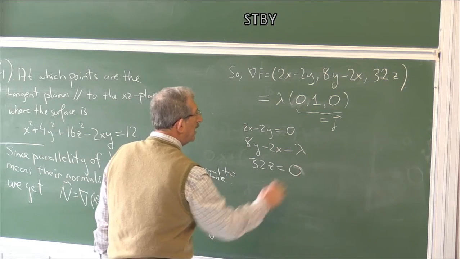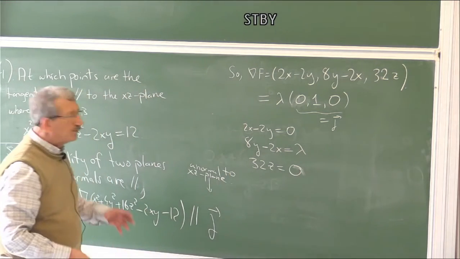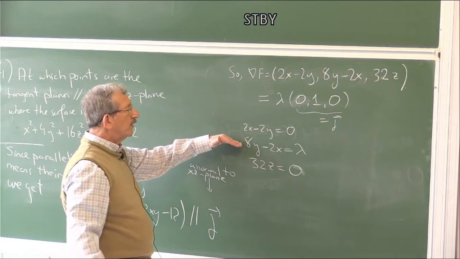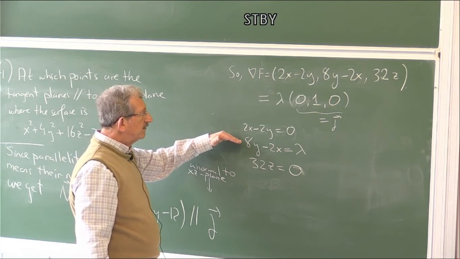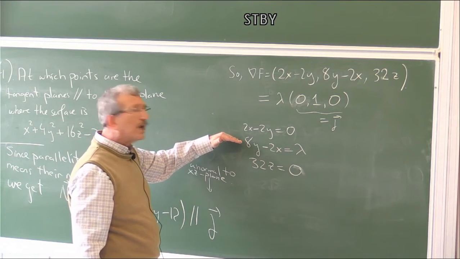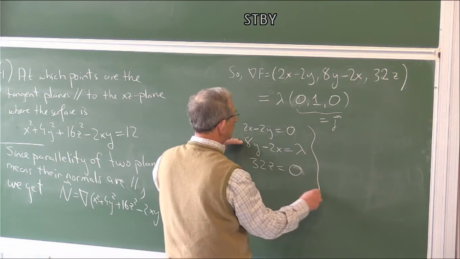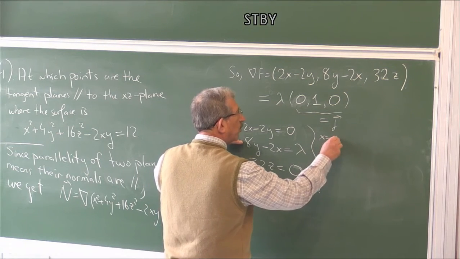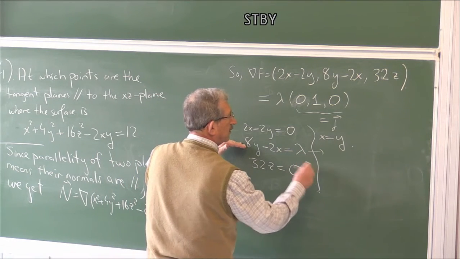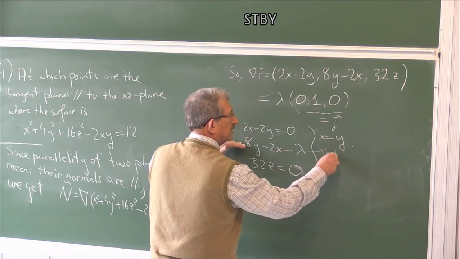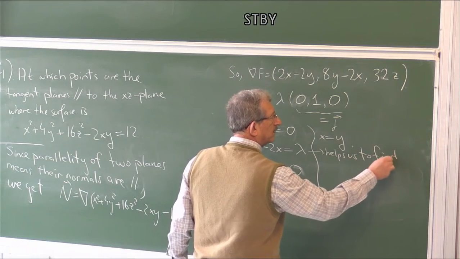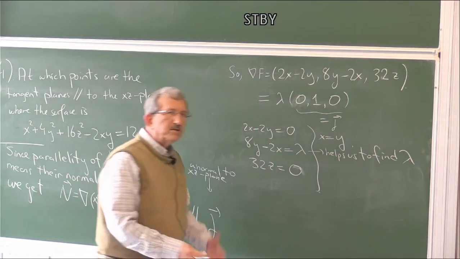Now, of these three equations, which must be solved simultaneously, the second one gives us the value of lambda once we find x, y, and z. So these tell us that x is equal to y. That's the first equation. The second one helps us to find lambda, but we are not interested in lambda.